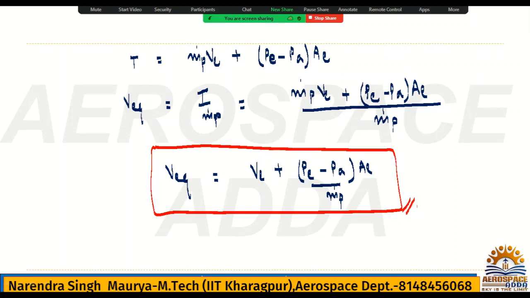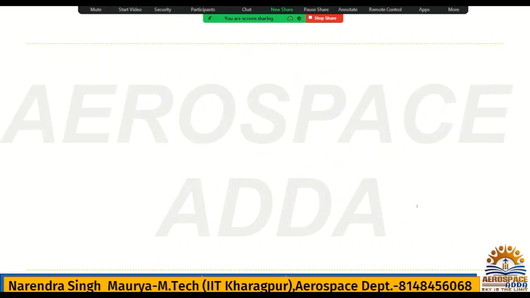Now see the equation. If PE is equal to PA, what does it mean? The exit pressure is the same as the ambient pressure, so the effective exhaust velocity V equivalent becomes equal to the nozzle exit velocity. I will write two cases.